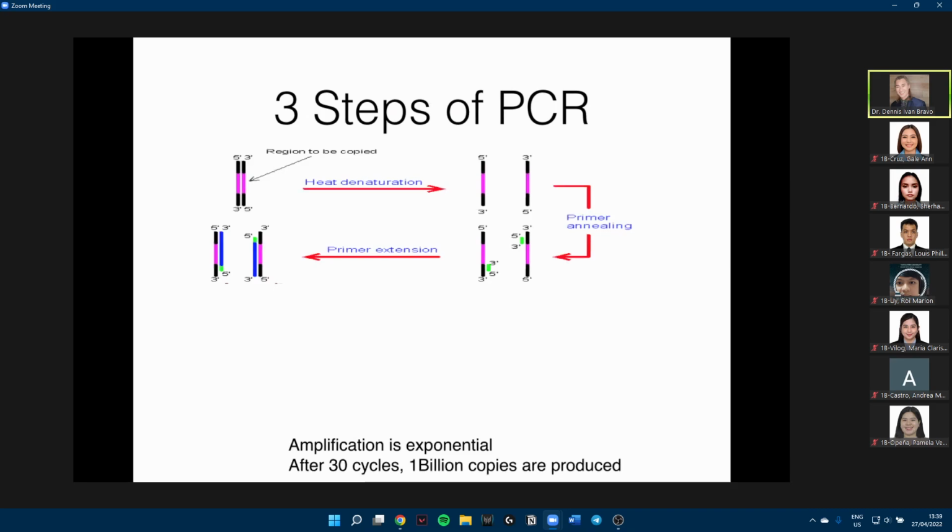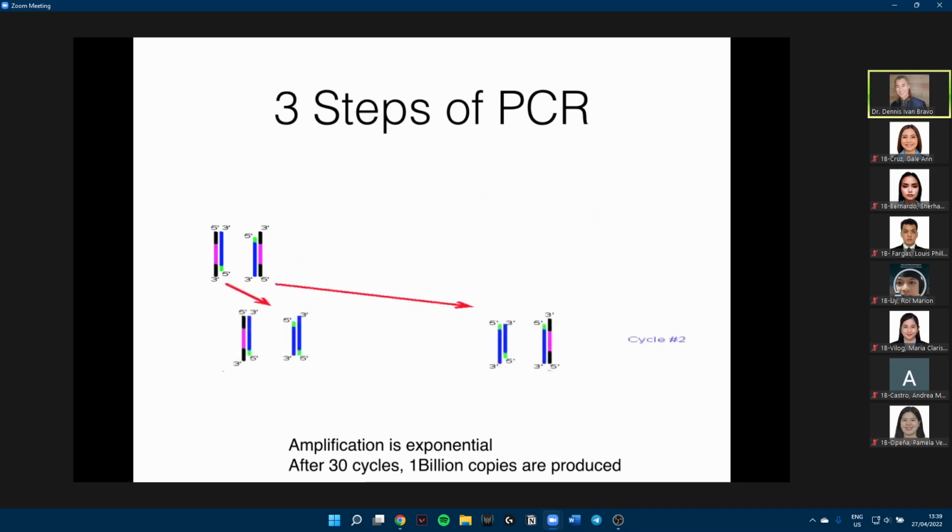So let's recap. In the first cycle, the steps include denaturation, primer annealing, and primer extension. 2 copies of the DNA have now been produced at the end of the first cycle. Those 3 steps will be repeated over and over again.